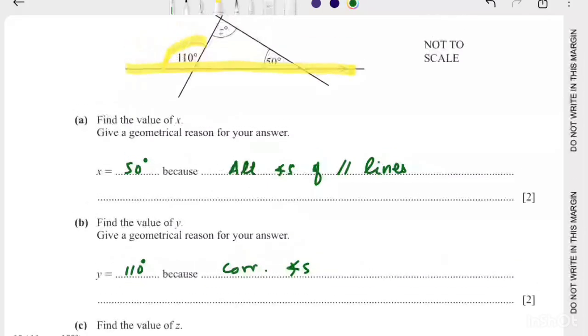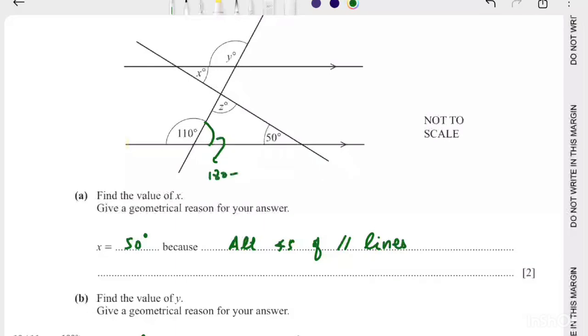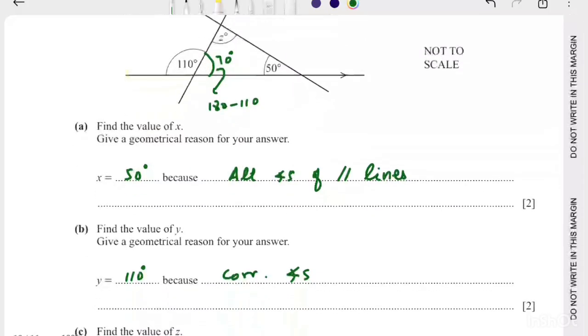Now find the value of z. So let me clear the previous working. Over here this is a straight line, and if you subtract 110 from 180 degrees, you get this angle, and this is 70 degrees. So to find angle z, we can use the sum of interior angles of a triangle, that is 180.